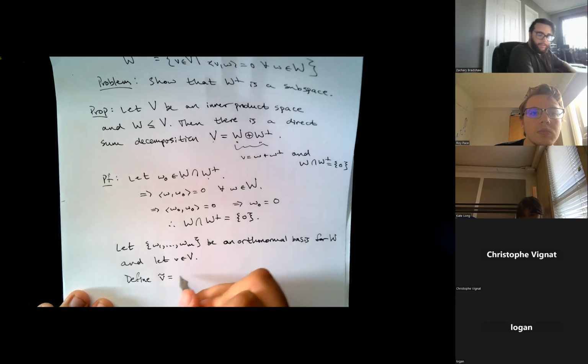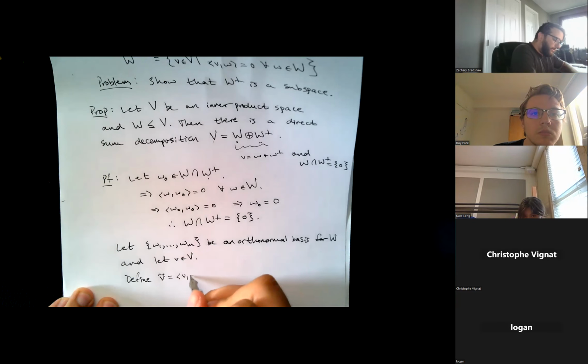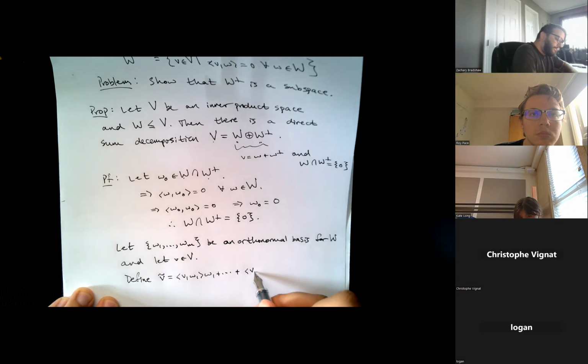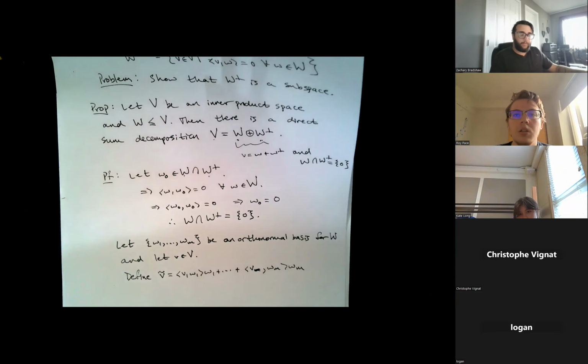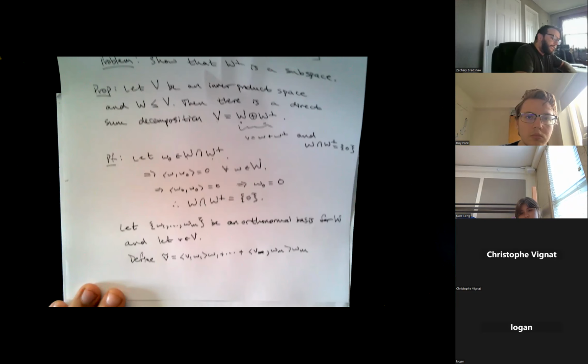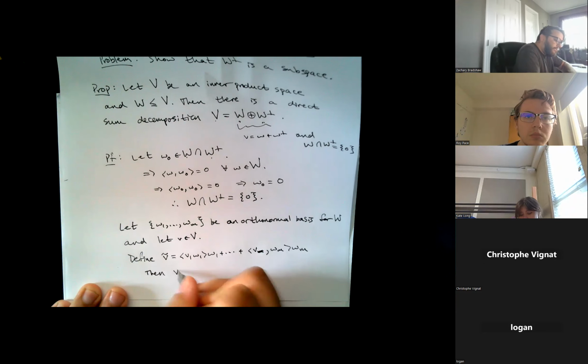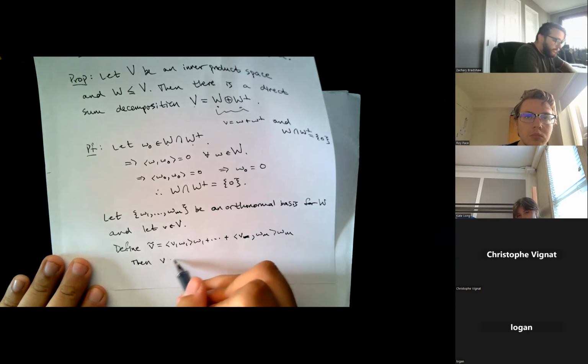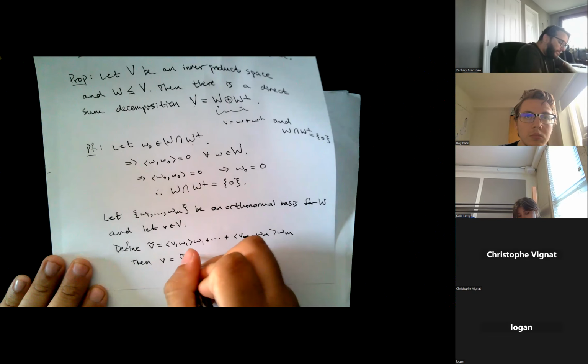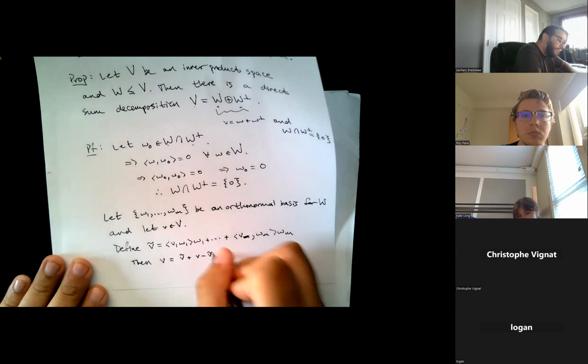This is going to be the projection of v onto the subspace W. Then v is equal to v tilde plus v minus v tilde.